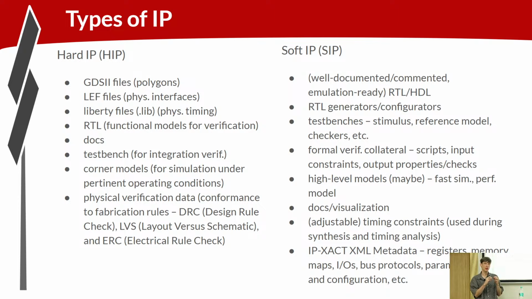So the corners cover the extreme cases of the variance in fabrication of the design. This would be collateral that you deliver along with your design that helps your customer do the analysis at different process corners. And there is other physical verification collateral, so the design rule checks and so on. Honestly, I'm not very familiar with the forms in which these would be delivered.